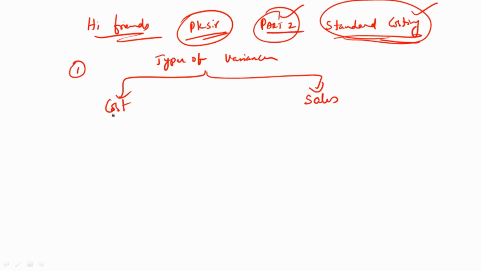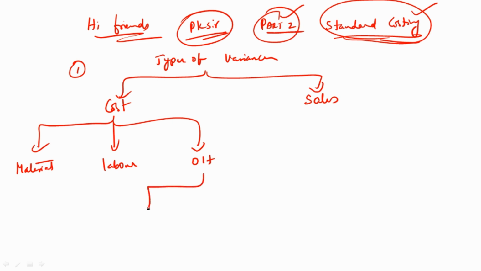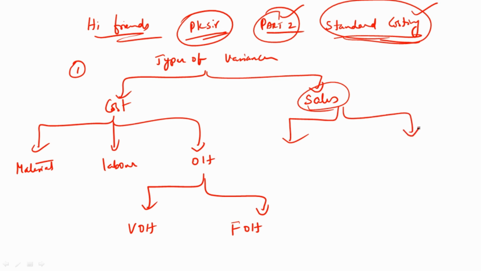Cost variances can again be classified into three categories. One is material, the other one is labor, and the third one is overheads. Now again, overheads will be further classified into two: variable overheads and fixed overheads. Coming on to sales, variances are classified into two categories.